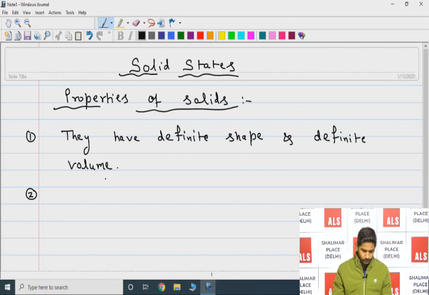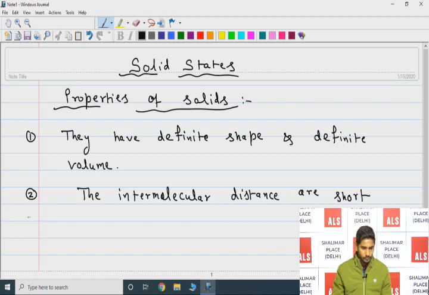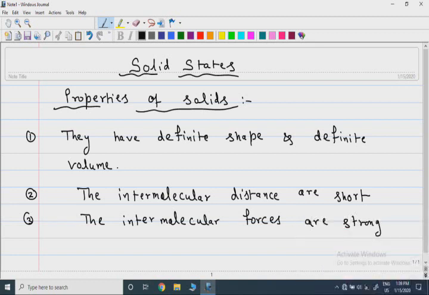Next, the intermolecular distances are short. The intermolecular forces are strong. They are incompressible and rigid.